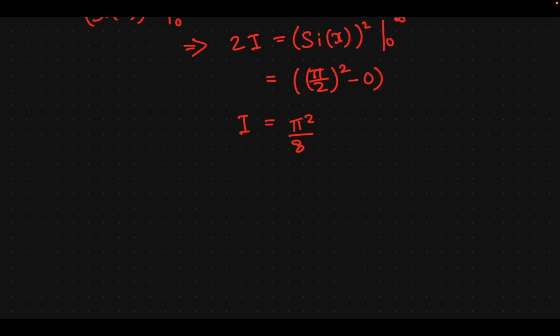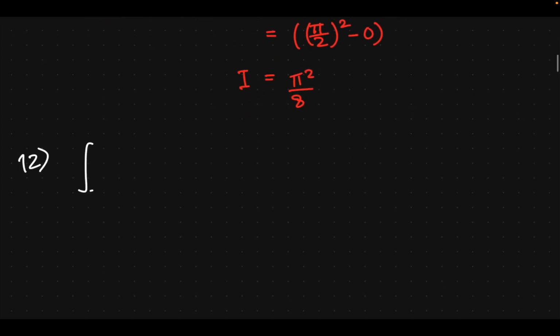Moving on to number 12. For number 12, we have the integral from minus infinity to infinity of dx over (e to the x plus e to the minus x plus 2) squared.